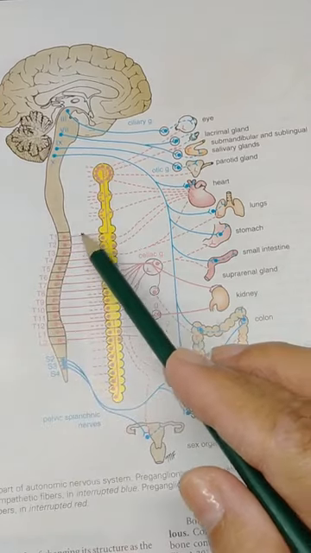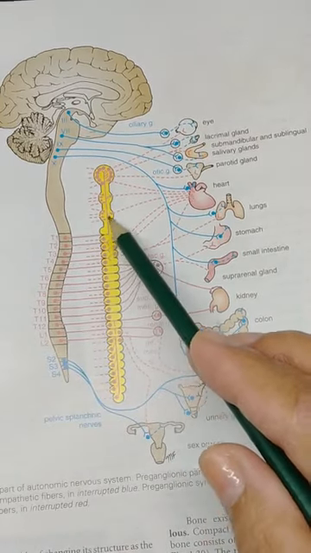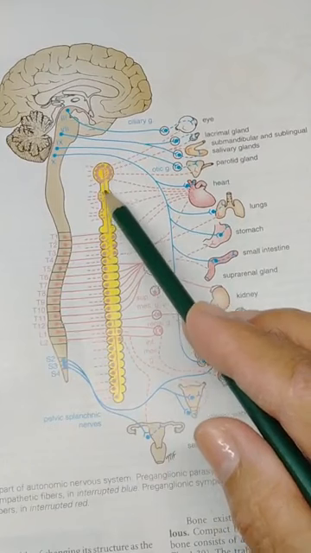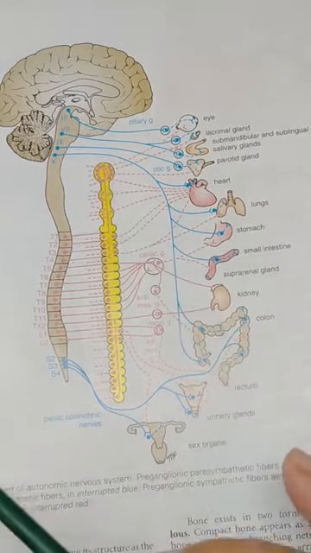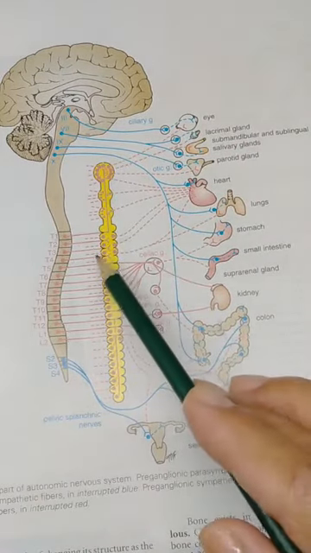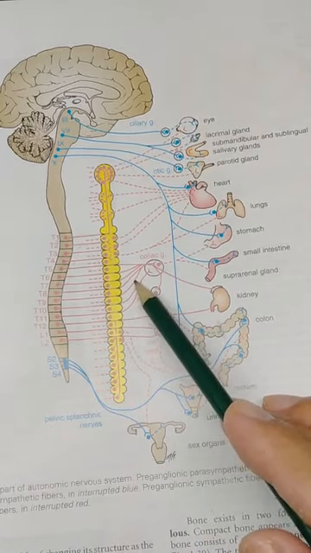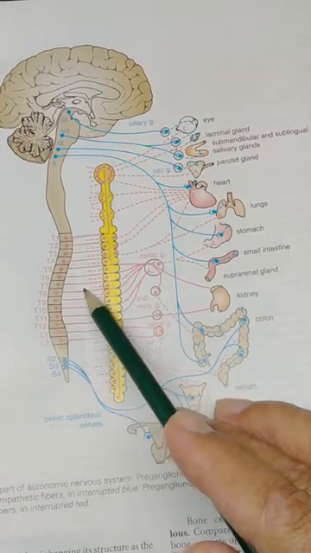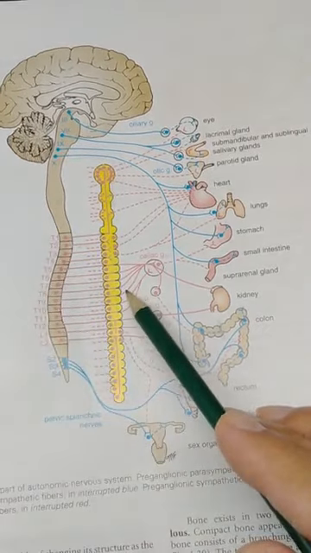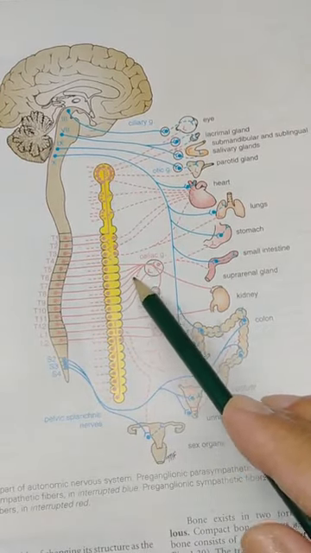Now, take note that, again, the fiber may synapse with the neurons in the paravertebral ganglion, or, like in T1, it may go out to another ganglion located above, or the third option, it may bypass, like this, for example. You notice that it is a connecting line, not dotted, not a broken line.